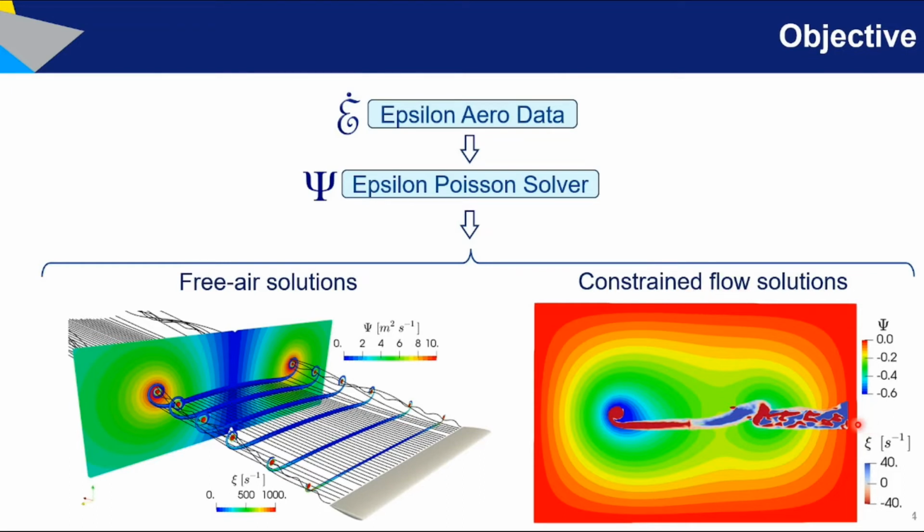In fact, what you're seeing here is the wake of a wing and nacelle aircraft, and these are the boundaries of the wind tunnel. And what you're seeing here in red, green is actually the stream function at that survey plane that has been computed by solving the Poisson equation that is driven by the actual vorticity shed by the object.